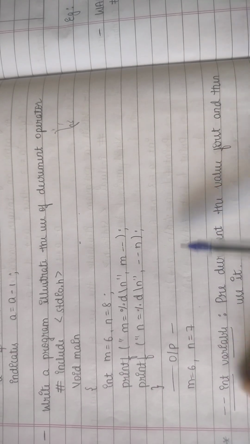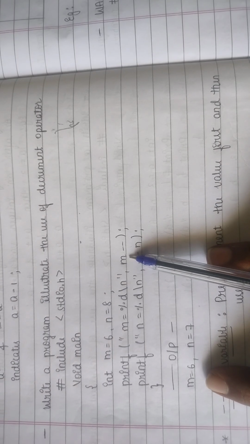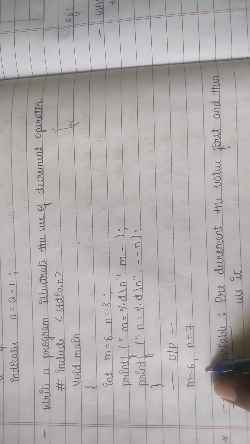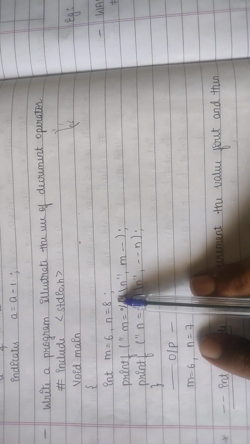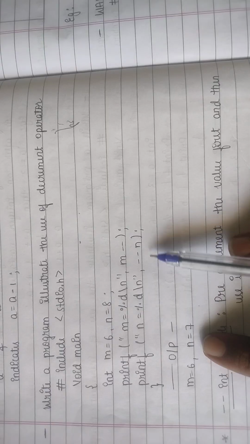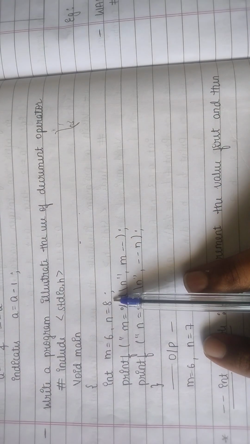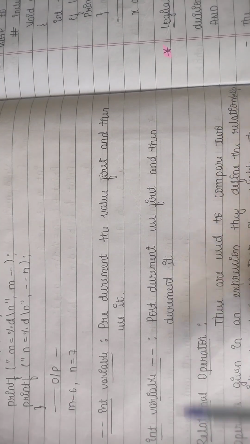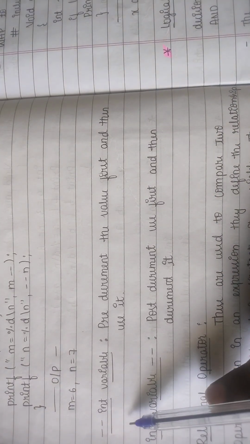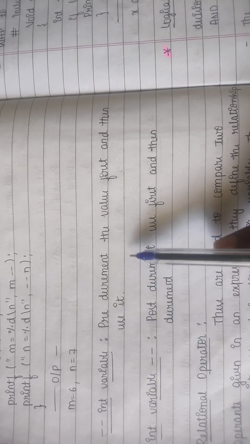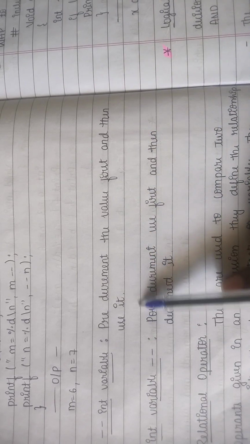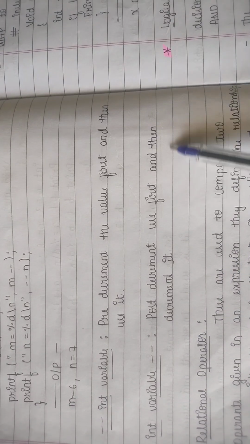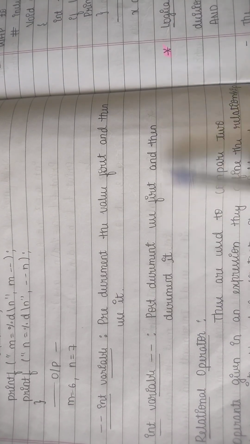Here, first use it, after that decrement it. So I am using m as 6. For n, which is 8, I want to decrement it first, after that use it. So first I decrement, n is 8, it becomes 7. This is called decrement. Now minus minus integer variable is pre-decrement: decrement the value first and then use it. Variable minus minus is post decrement: use first and then decrement it.